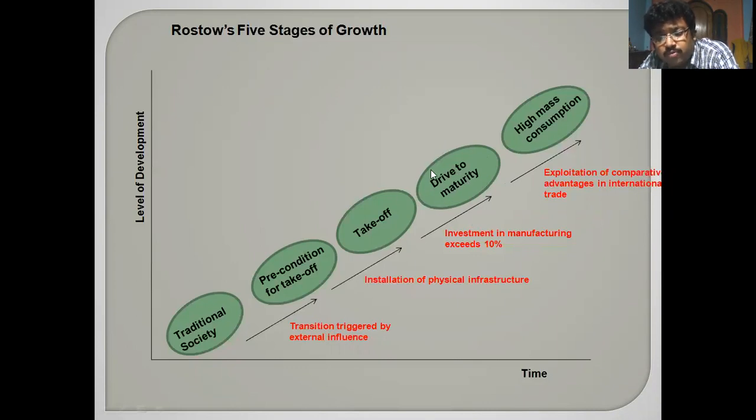It is important. The leading sectors in an economy will be determined by the nature of resource endowments and not only by the technology. So these are the basic characteristics of the drive to maturity stage.